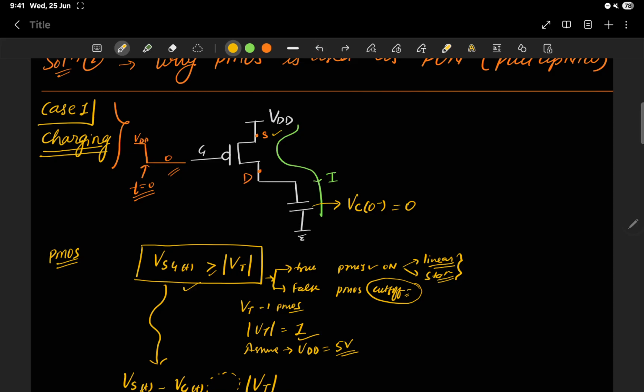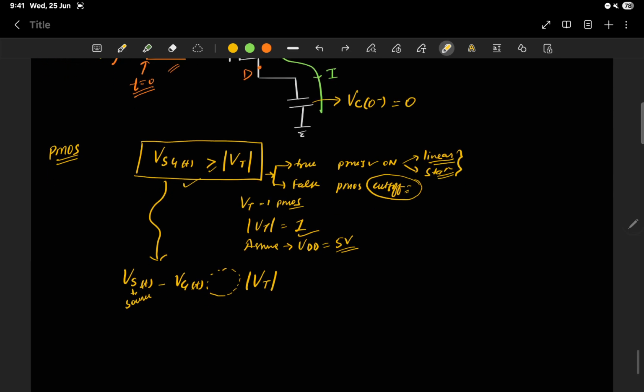If VDD is applied, then at any point of time, from t equals 0 to t equals infinity, VDD is fixed. So Vs of t at any point of time will be equal to VDD.